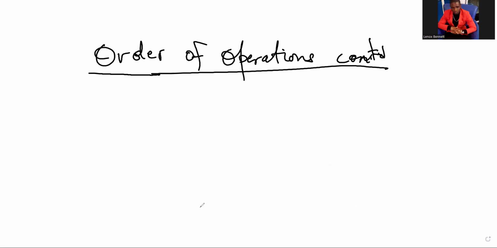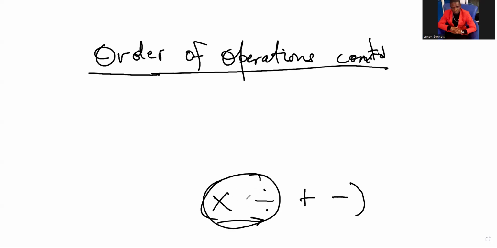We have 4 basic operations, which are multiplication, division, addition, and subtraction. They are supposed to be done in this particular order. So if you get a question and it has multiplication, division, addition, subtraction, generally we do it in this particular order. This order can change, and I'm going to show students why multiplication and division can change.